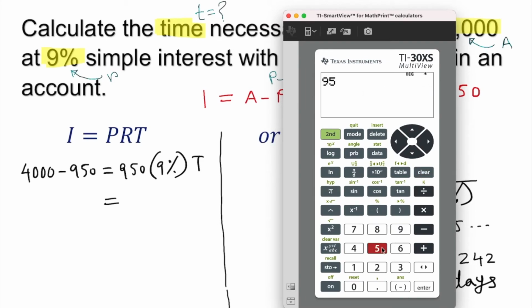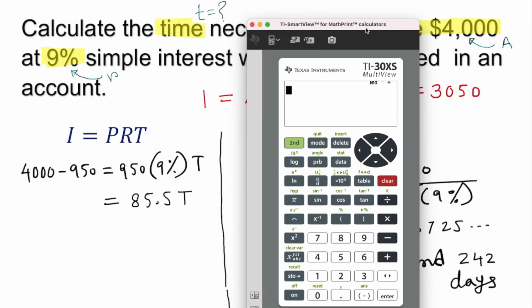So 950 times 0.09 is the same story here. So 85.5. 85.5 times the T. And on the other side, we already figured out that 3050 should be our interest.